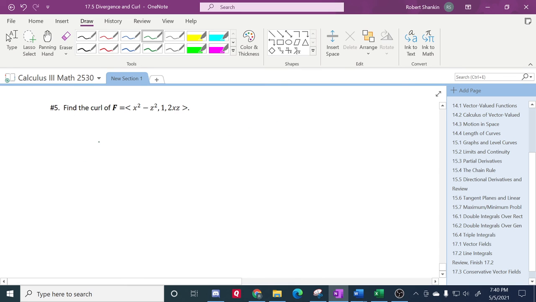Now, the shortcut for the curl of f, we have this little device that helps us out.